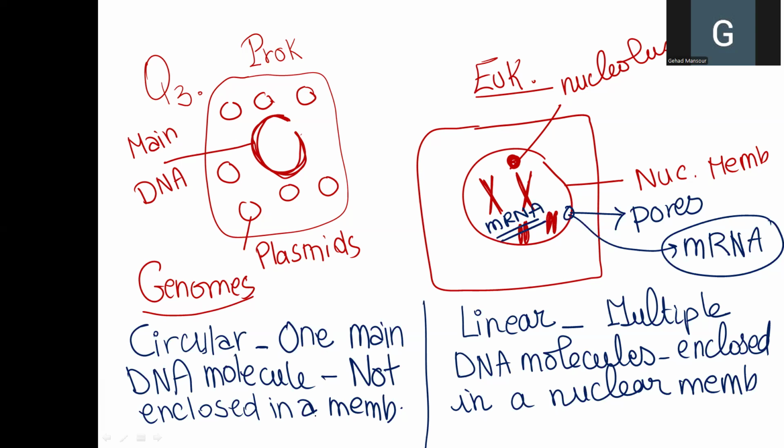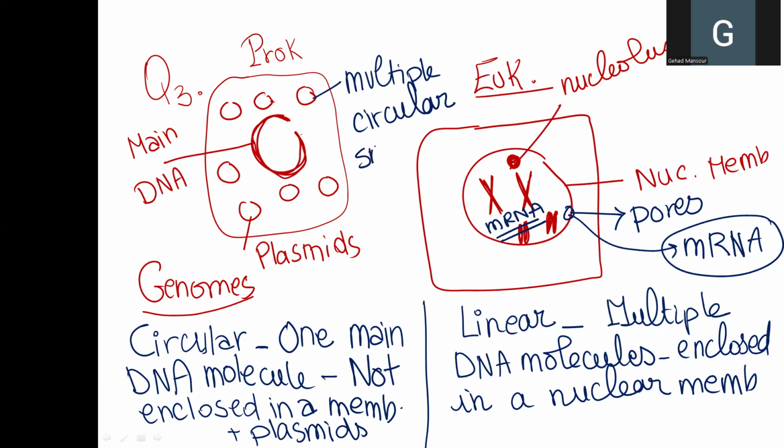In addition to all this, we have the plasmids. We always define them, as you know, as multiple circular small DNA molecules that are replicated together with the main DNA. Plasmids are very important in molecular biology, so you should know how to define them properly.